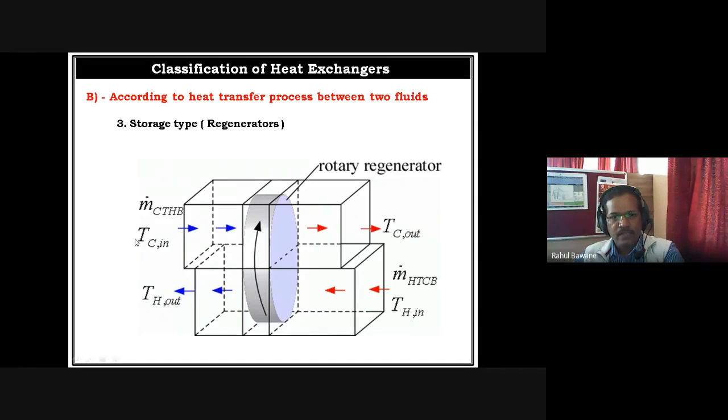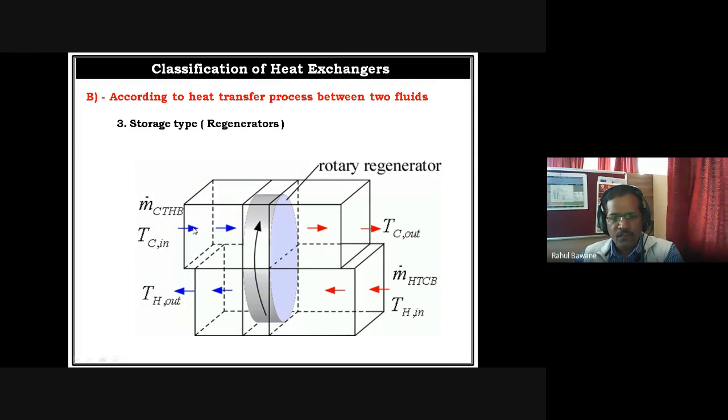So when hot fluid is moving in, during its path it will heat up this half portion of the wheel, delivering heat to this half portion of the wheel, and move out. After some time, the wheel gets rotated and the heated portion will come upward.